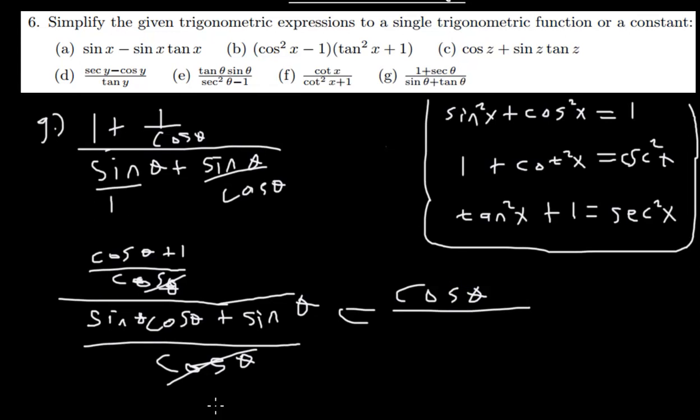And then everything divided by, you factorize this, you are going to have sine theta outside and then open the brackets, which gives you cos theta plus 1.